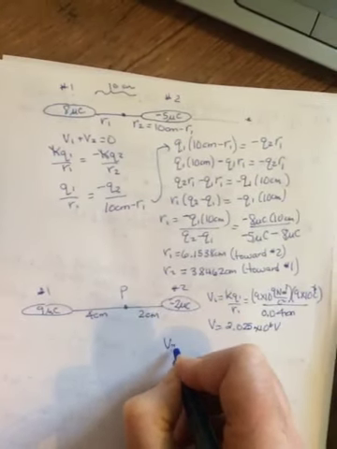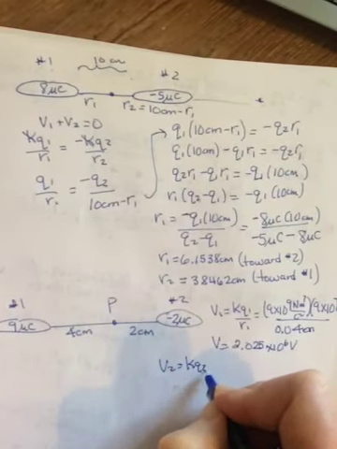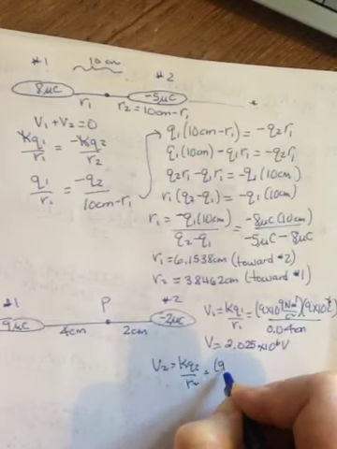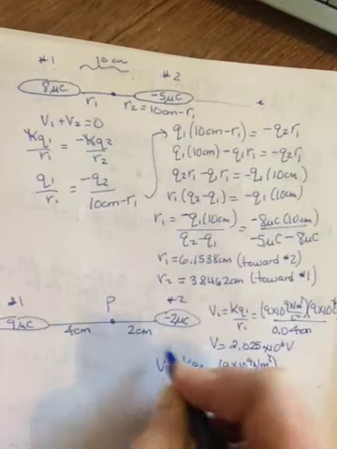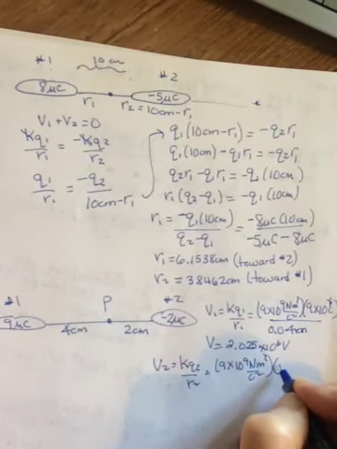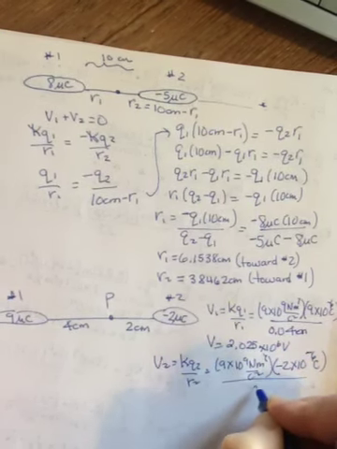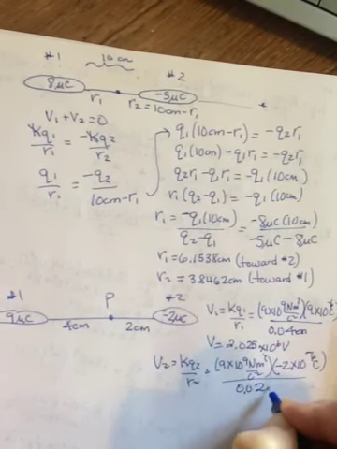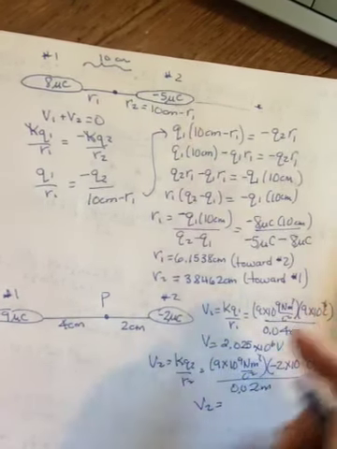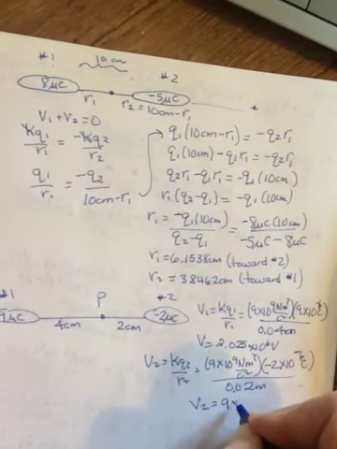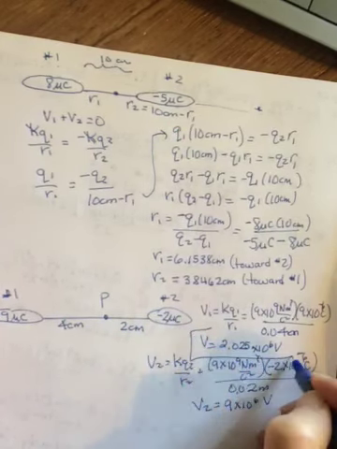That's for V1. V2 will be KQ2 over R2. So 9 times 10 to the 9th Newton meters squared per coulomb squared times negative 2 to the negative 6 coulombs divided by 0.02 meters. And you will get a V2 of, oh, the 2's cancel, so that should be about 9 times 10 to the 6 volts. Okay, so we have our V1.